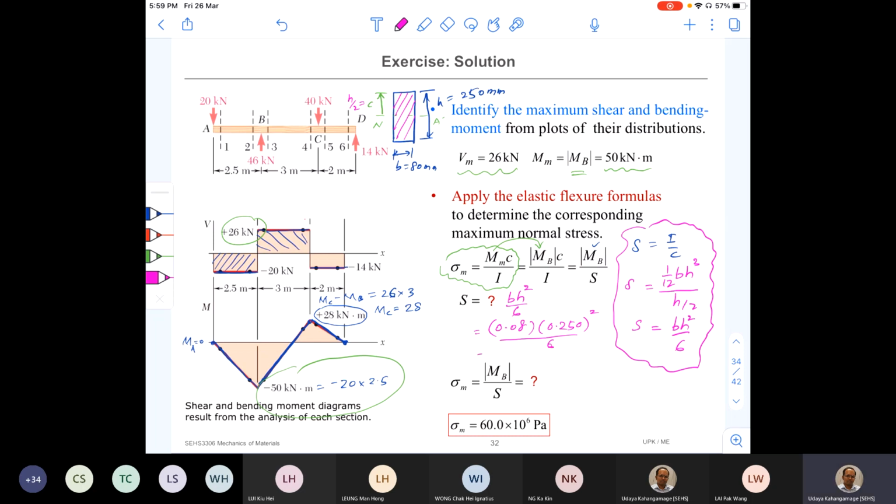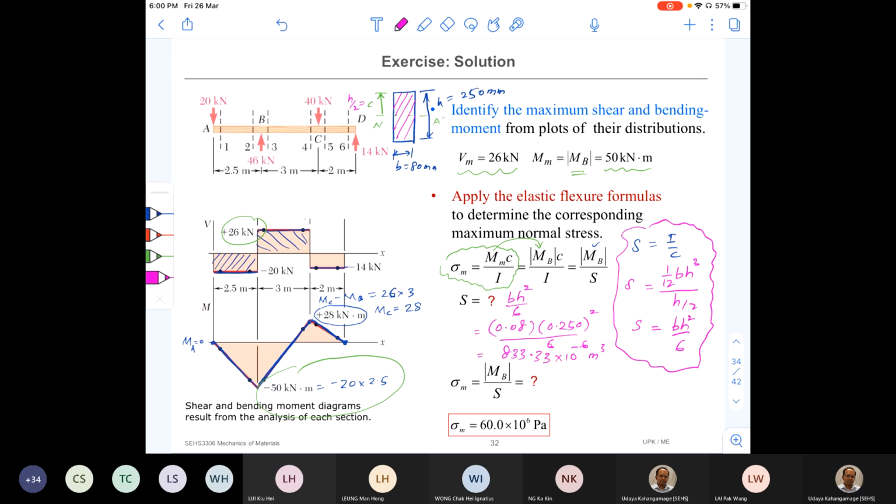You do the calculation, I got this answer, 833.33 into 10 to the power minus 6 meters cubed. So we got the S value.